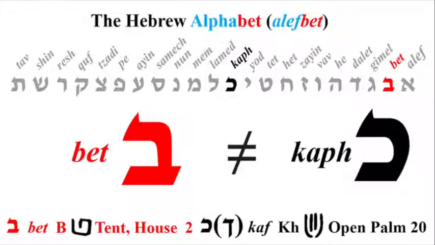So anytime you see the letter Kaph with the letter pay, you can expect a Kaph. All right. Note that the letter Kaph is not the letter Bet. Okay? There is a bit of a difference. I just want to alert you to that.